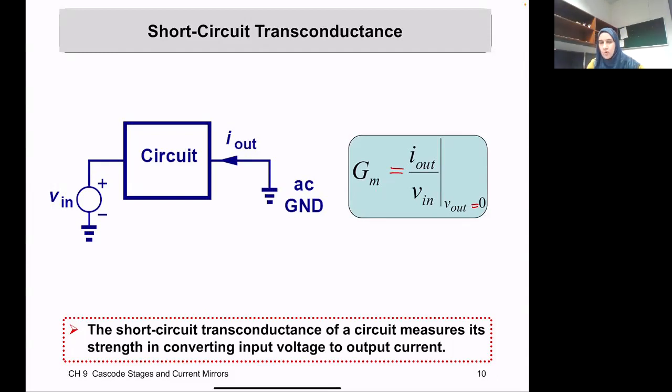So the same way the small gm was related to a single transistor, here the capital GM defines this relation with respect to the entire circuit that we are having.